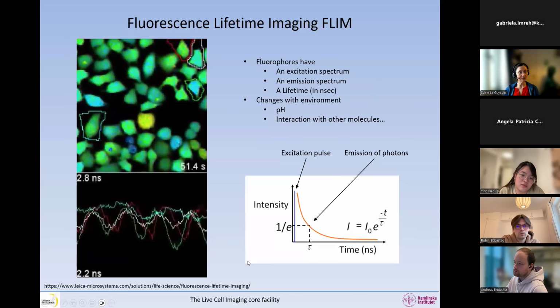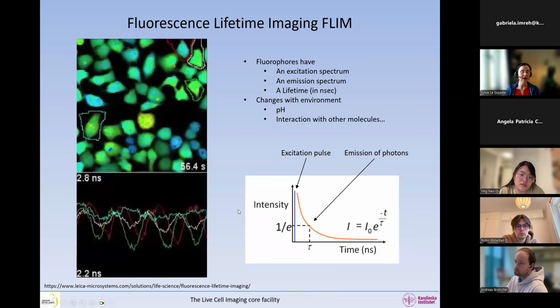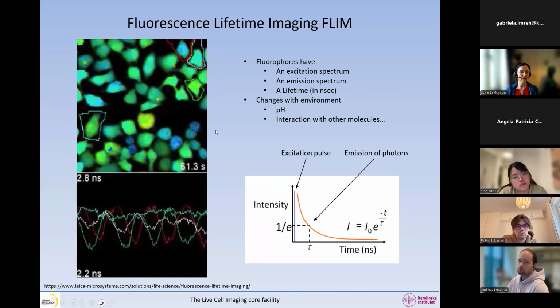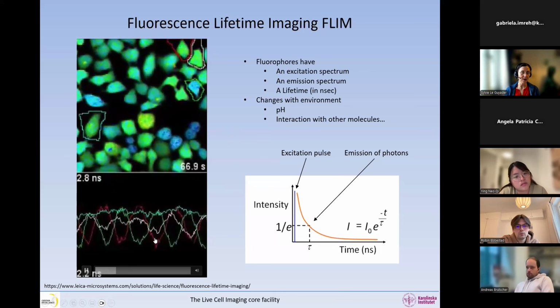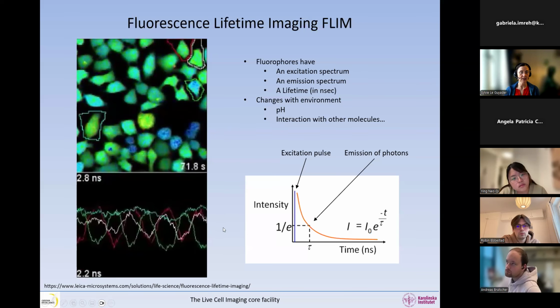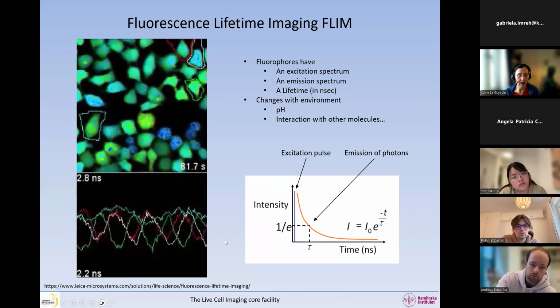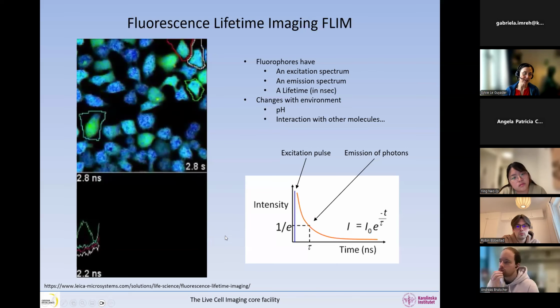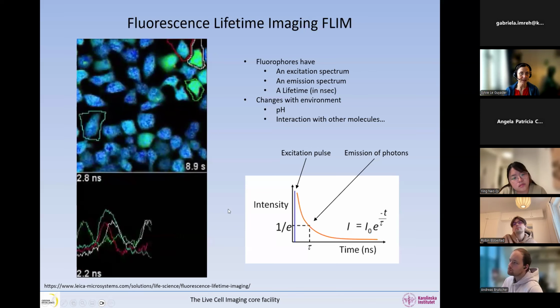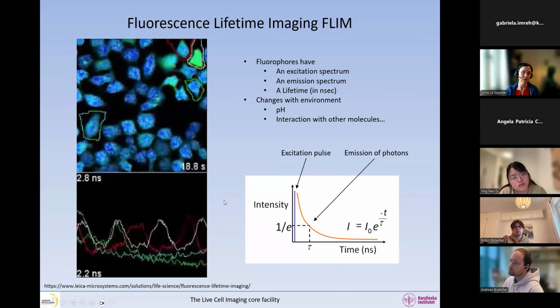So there's a very small difference, but it is very reliable, and it means that you can measure it, and then slowly it goes back. The cells go back to the state where they were before. So as we can differentiate fluorophores based on their excitation and emission, we can also differentiate them on their lifetime.